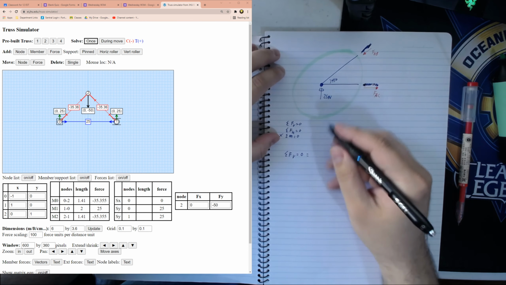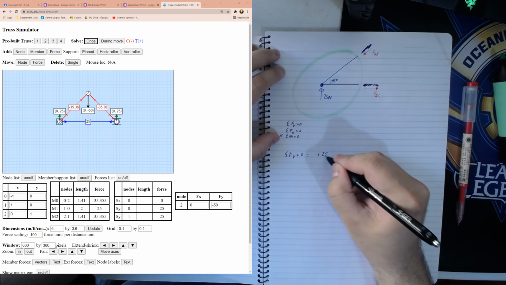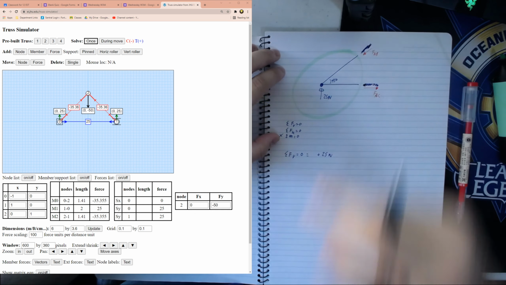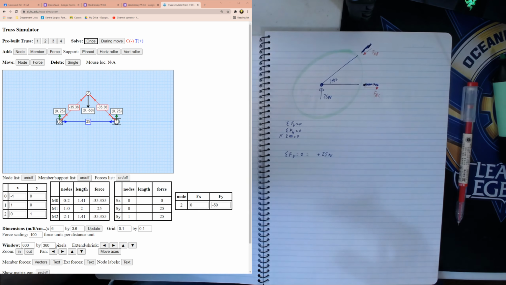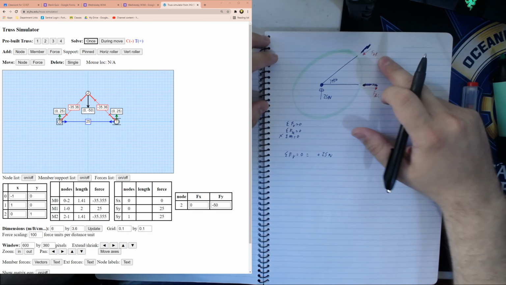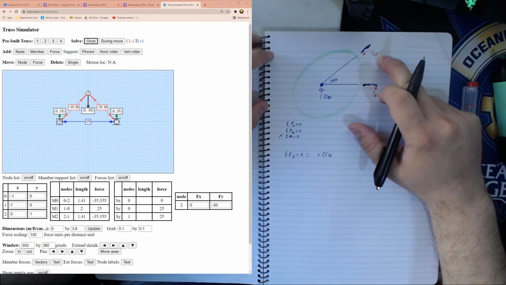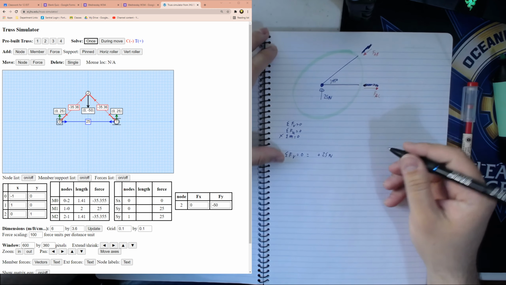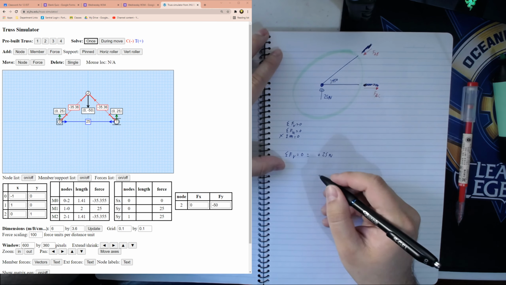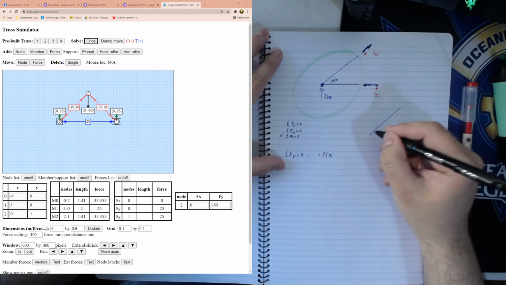And we know we have, okay, positive 25 newtons. Then we start to deal with what is probably the more difficult maths part, which is not saying a lot, which is our trigonometry. We have our force AB going down at a 45-degree angle. If we were to draw that as a 45-degree angle, it's like this.